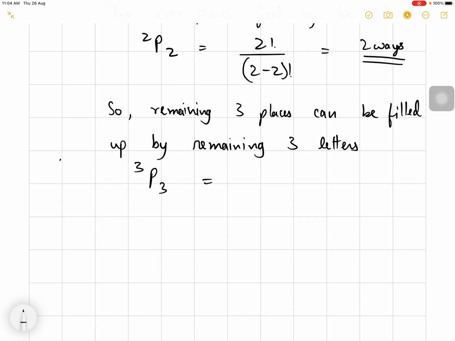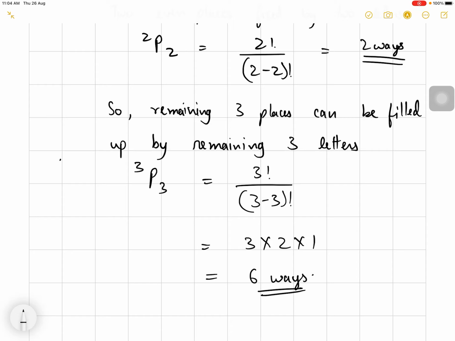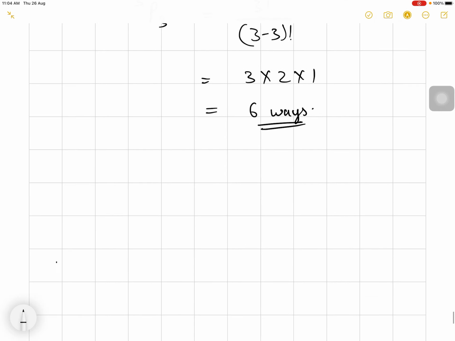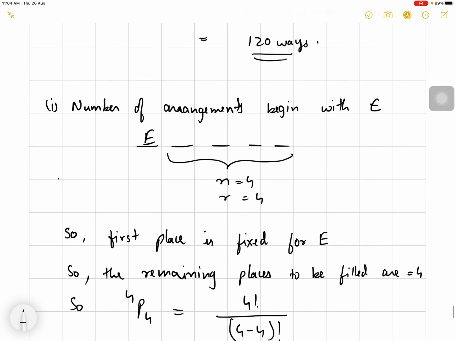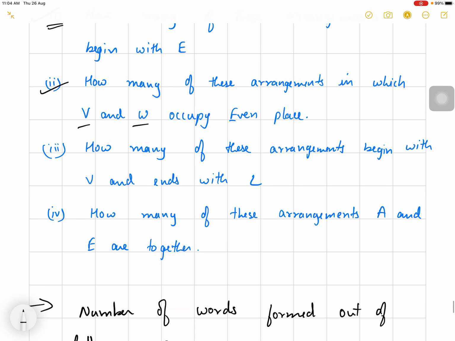So 3P3, which is 3 factorial divided by (3 minus 3) factorial. So 3 factorial is 3 into 2 into 1, which is 6 ways. Okay. So total permutation is 2 into 6, which is equal to 12 ways. Right? So we have finished the second question.